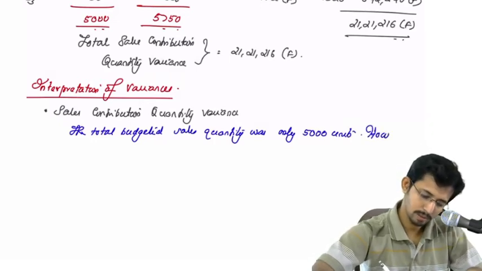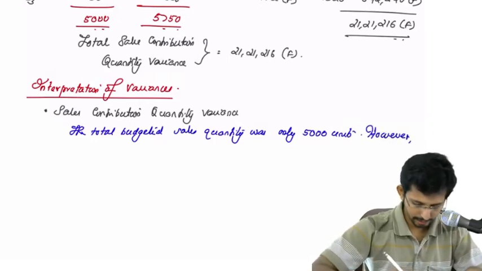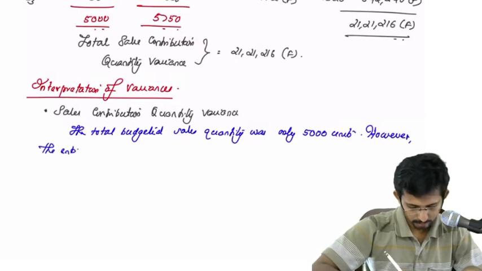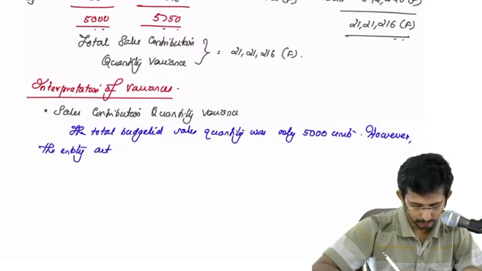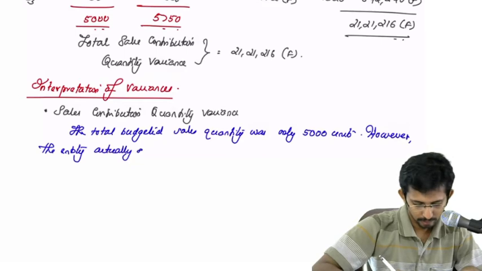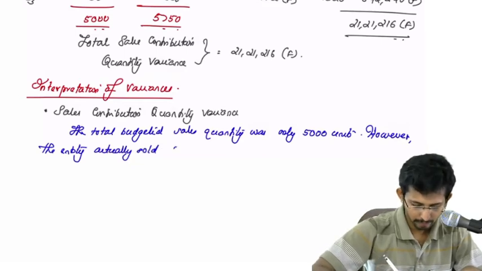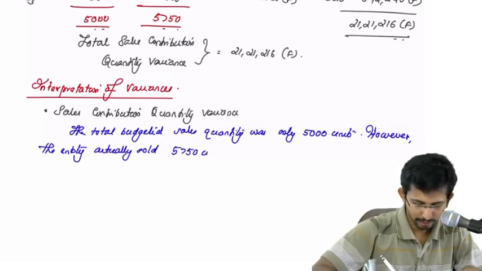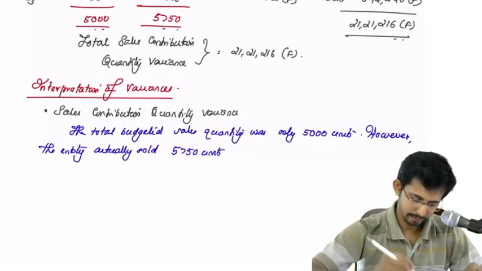However, the entity actually sold how many units? 5,750 units.